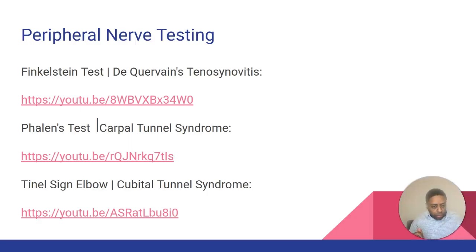Phalen's test is to determine whether or not carpal tunnel is an issue. Now, carpal tunnel is a peripheral nerve condition. It's an inflammation of the median nerve that passes through the carpal tunnel, right? And so the Phalen's test is where you have the person press their wrists together and hold that position for about a minute.